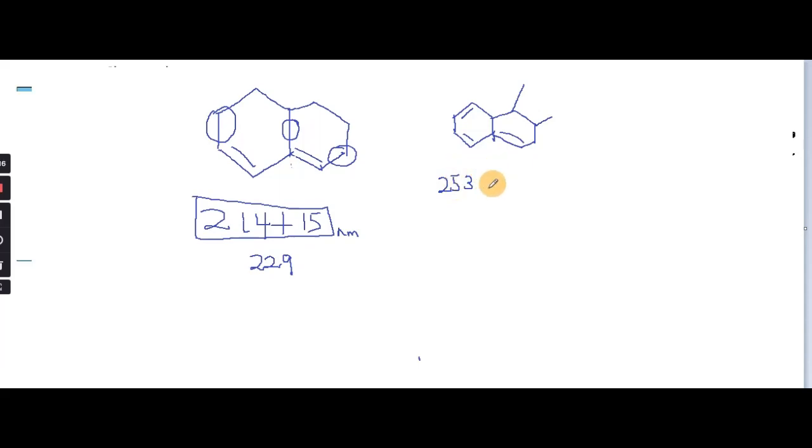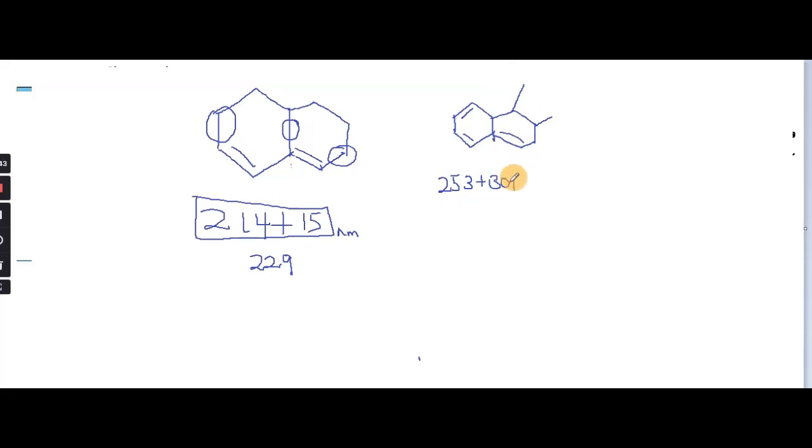253 nanometers. Then what can you see? We can see a double bond extension, so we can add plus 30. This double bond here extends the conjugation. So we have extended this conjugation by 1, one double bond extension, so plus 30.